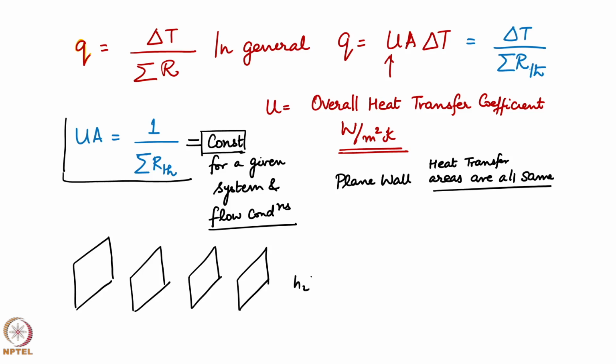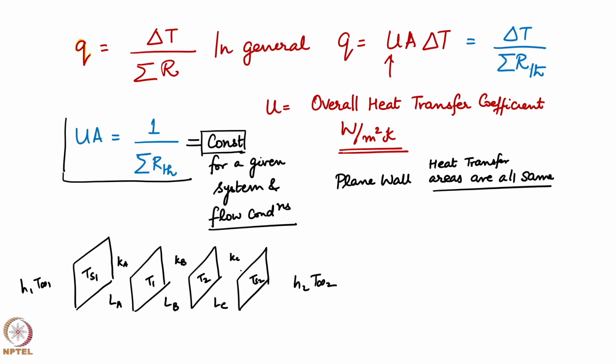And here you have H2, T infinity 2, here is H1, T infinity 1, TS1, T1, T2, TS2, LC, LB, LA, KA, KB, KC. But whatever is changing, these areas are not changing.